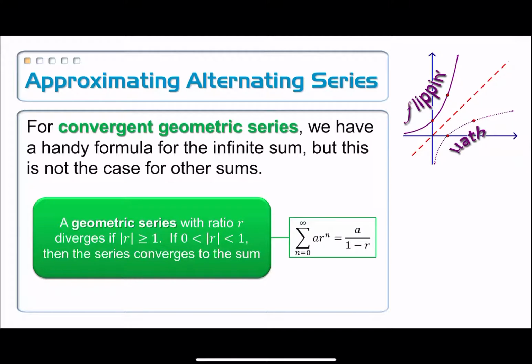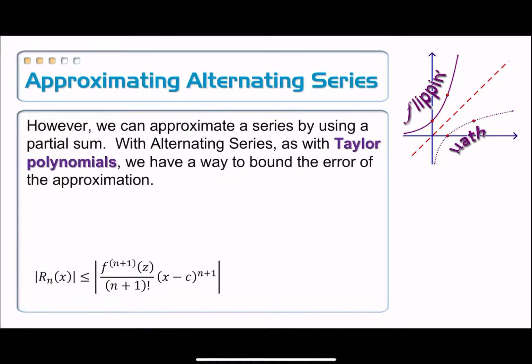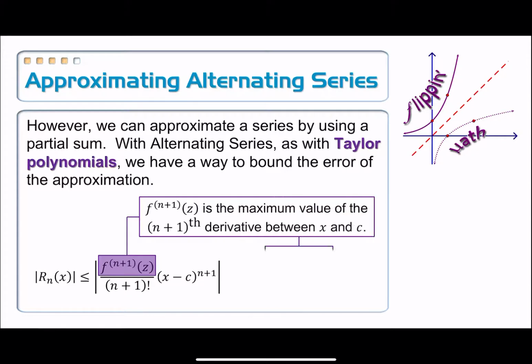For anything else, though, what you have to do is look at partial sums, and the best that you can come up with is an approximation. And with that approximation, we want to know how far off we are. If you're talking about a Taylor polynomial, we have what's called the Lagrange error bound in order to bound the remainder, to see how far off we could possibly be. And here it is.